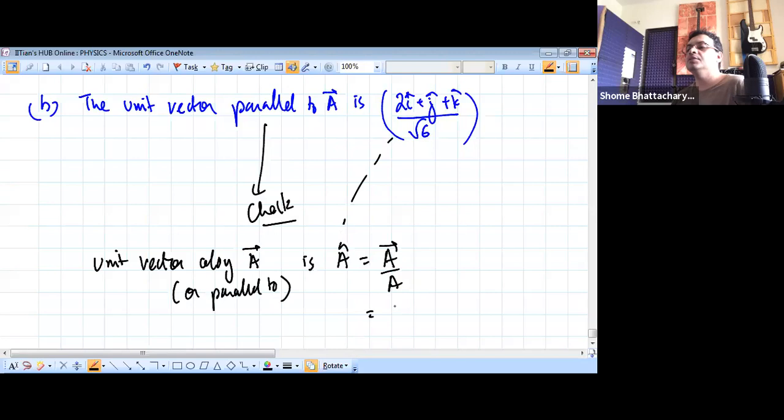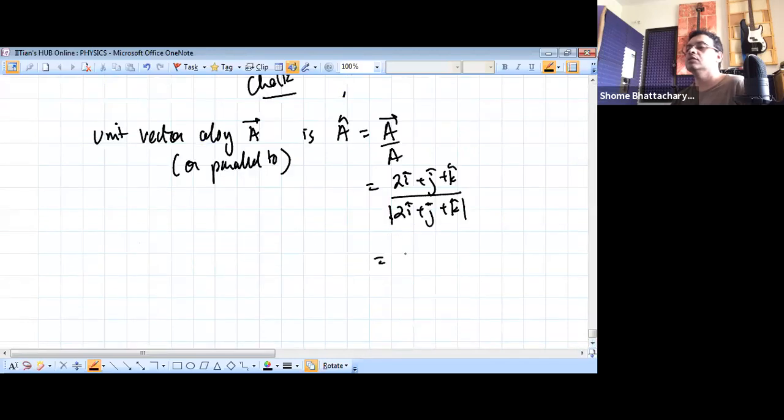So let's check. So A cap is nothing but the vector A, which is 2 I cap plus j cap plus k cap divided by its own magnitude. That is mod of 2 I cap plus j cap plus k cap. So you can see that it's correct. Just do the mental calculation. You'll see the denominator is root 6 and the numerator was same. So that does in fact come out to be what was given in the option as the unit vector parallel to it.